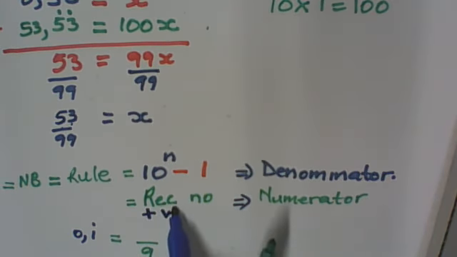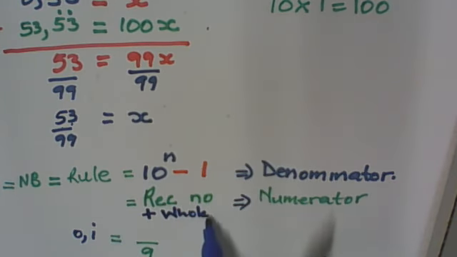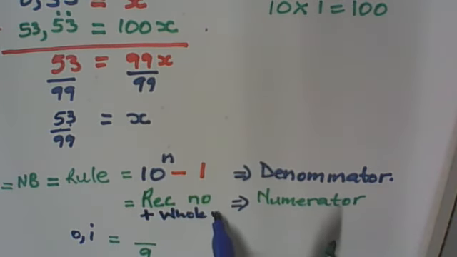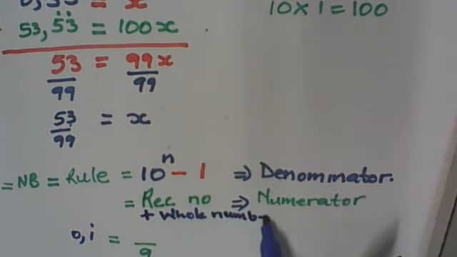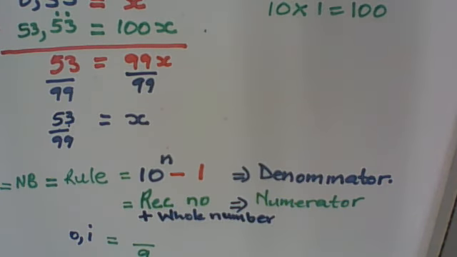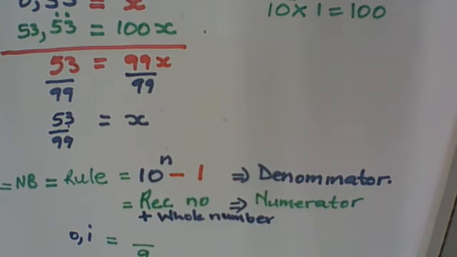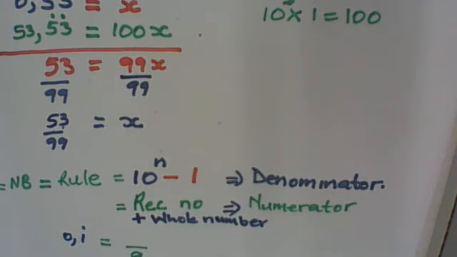The whole number will always be on the left hand side of the decimal comma. So in this case, we are going to take this as 0 plus 1. Yes, that will be 0 plus 1.